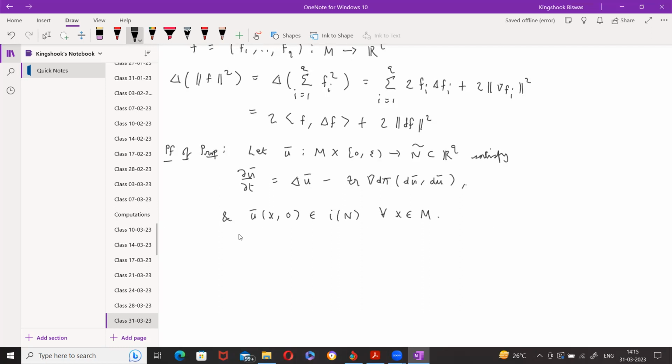Well, remember, if this was the submanifold I of N in R^q, then if I took a point, say Z, then I could look at its projection.